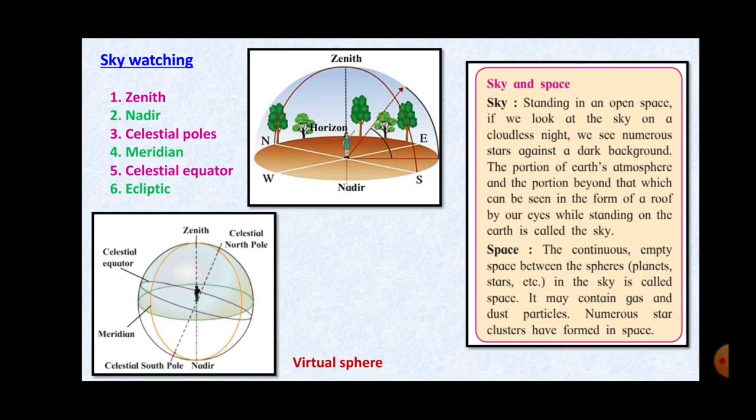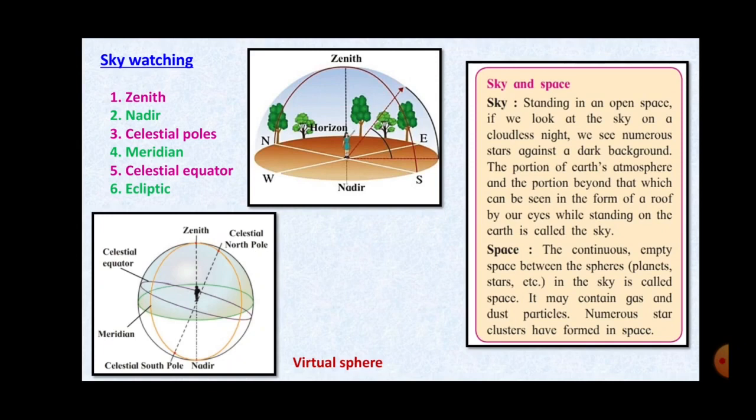Now, what is sky and what is space? I had already explained you that when we stand in an open space and we look at the sky, we see numerous stars in the sky. Now, the portion of Earth's atmosphere beyond which we can see like a roof is called as the sky.